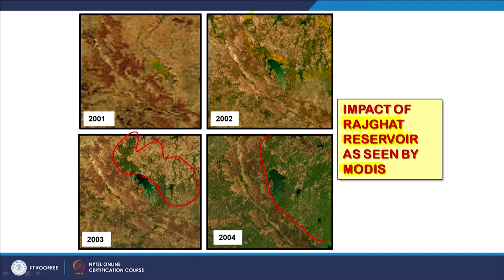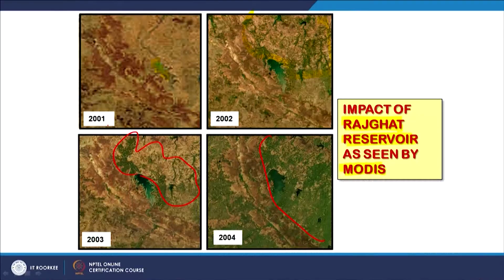This is the point I am trying to justify: it takes about 2-3 years in a typically hard rock terrain like the Bundelkhand region to get the benefit. Hydraulic conductivity is not very high, it is slow, but nonetheless you can get benefit. So if some measures are taken today, then in 2-3 years' time we will start getting benefits.